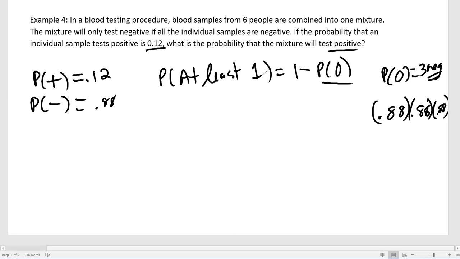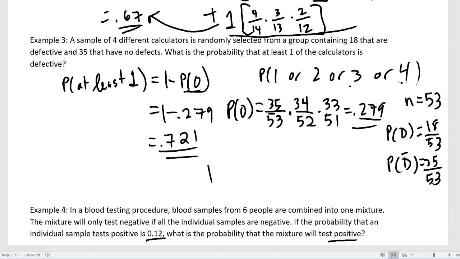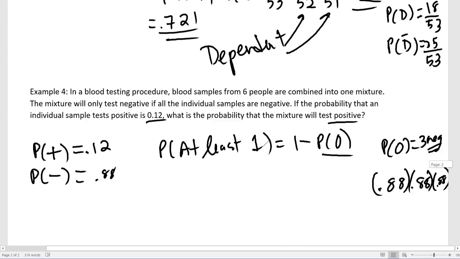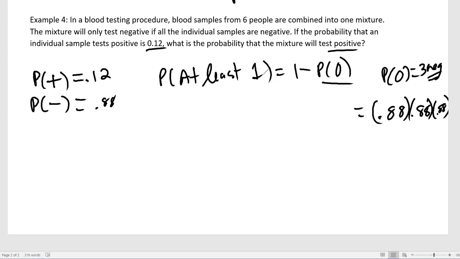The previous example, we were dealing with events that were dependent, because notice the probability changed as we go. In this example, we have a large enough population that pulling one person out of it doesn't change the overall probability, so we're dealing with independence, where the probability can just be multiplied, no need to change it.